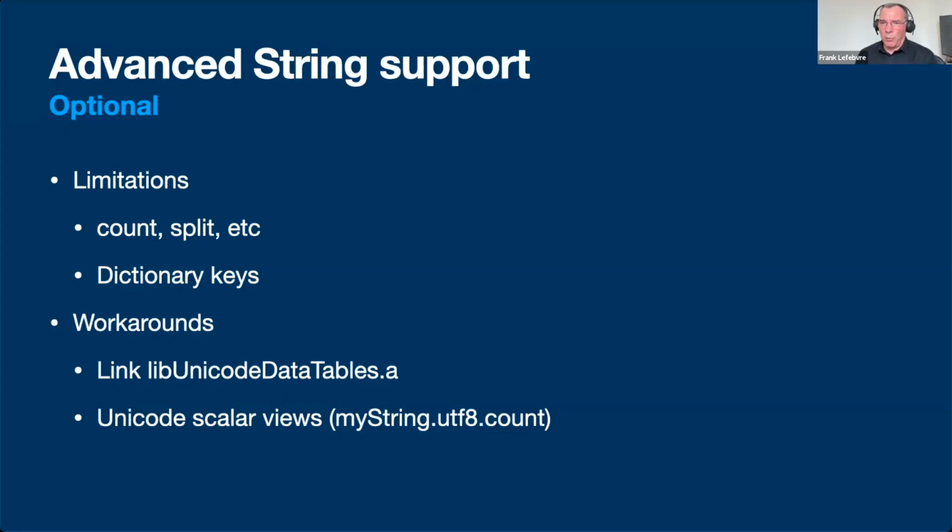The other way is to use Unicode scalar values instead of strings, so you use the string.utf8.count syntax and so on. The behavior will not be exactly the same as with strings. For instance, you can have the same string that can be encoded in 2 or 3 different ways. But in most cases, that's not an issue.